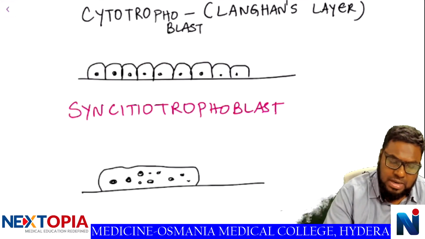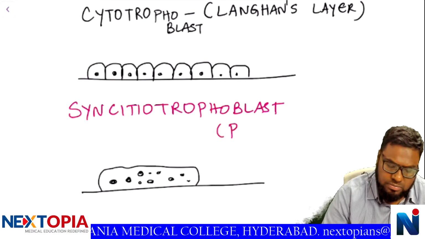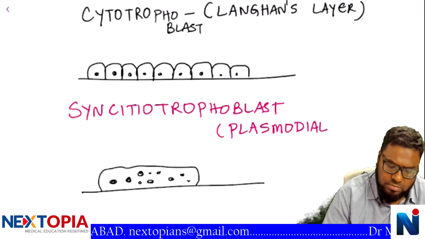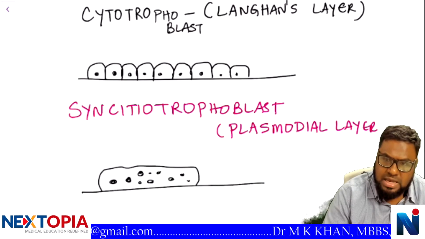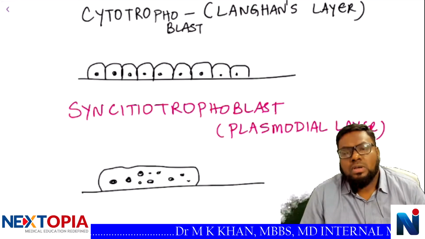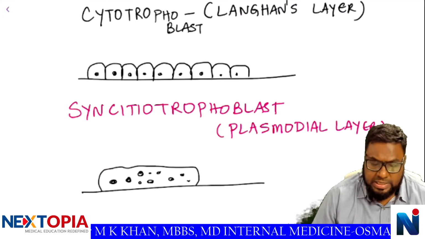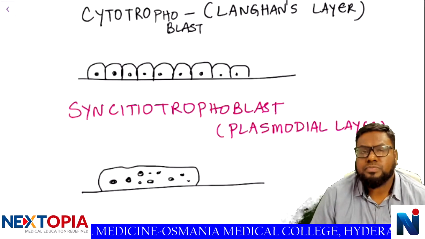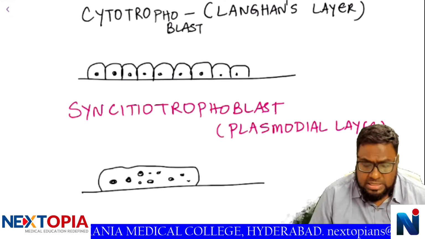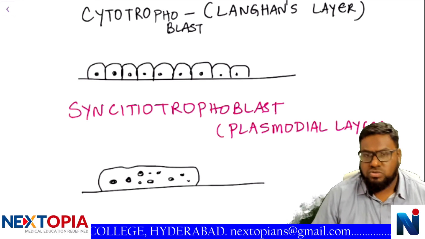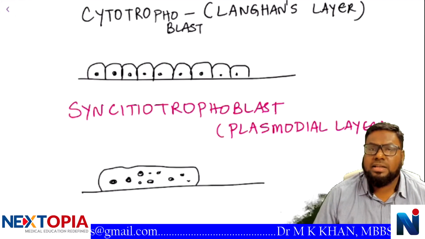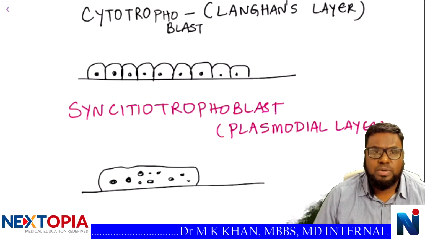It is also called the plasmodial layer. And it is devoid of mitotic figures because it is formed after the division of cytotrophoblast cells. The cytotrophoblast cells, under differentiation, give rise to the syncytiotrophoblast.